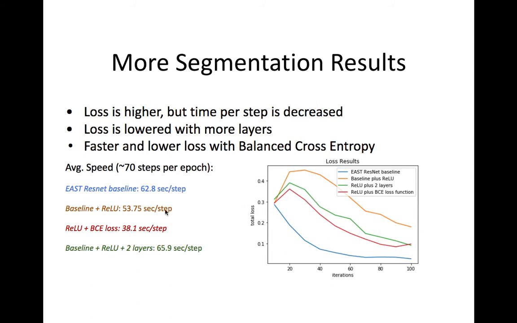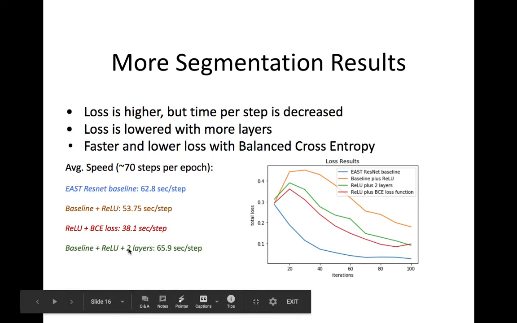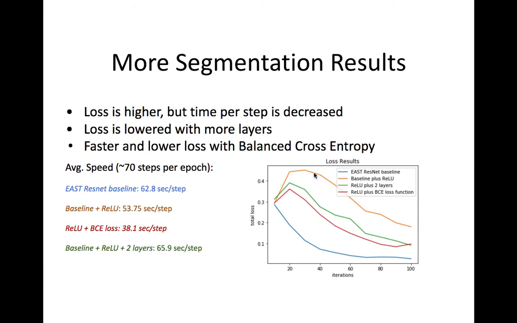However, the green line is adding the ReLU, but also adding just 2 more layers, which slowed the training down a lot, but was much more accurate than the ReLU alone. And we actually did pretty well with the ReLU plus the balanced cross entropy, that was definitely the faster one with pretty good accuracy.